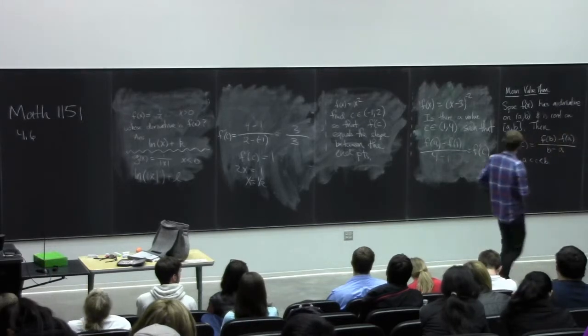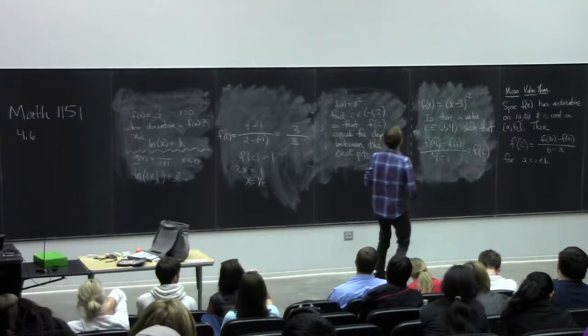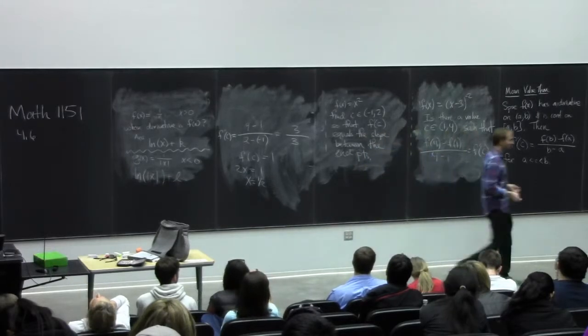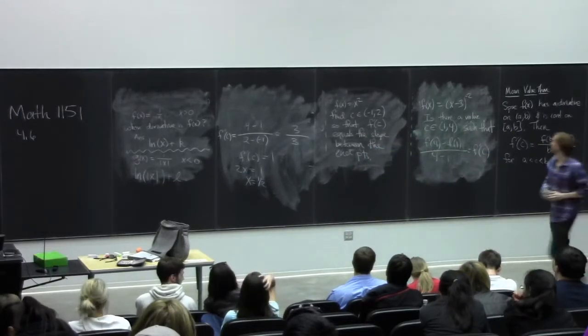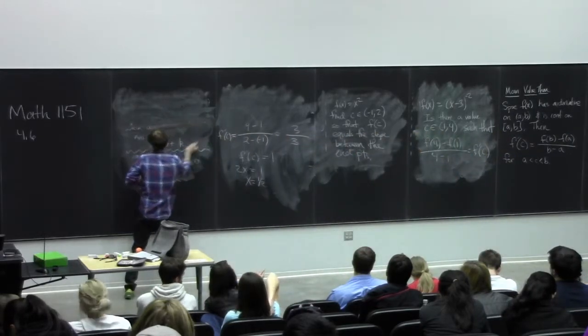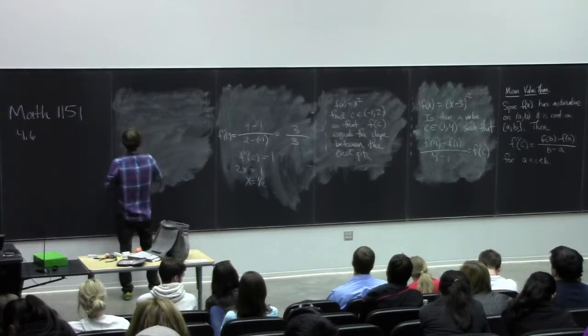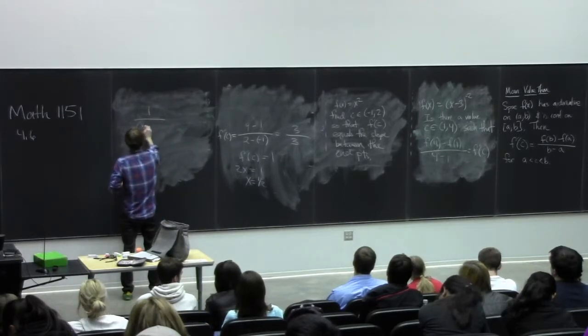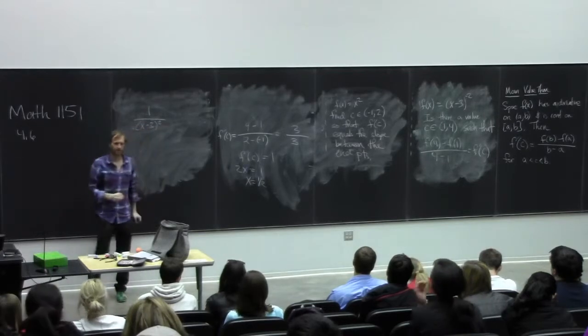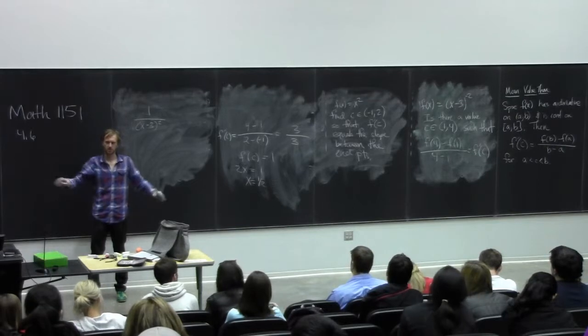Is the function continuous on the interval? What's the function look like? It looks like 1 over x minus 3 squared, right? And so what happens when x equals 3? It's not continuous.